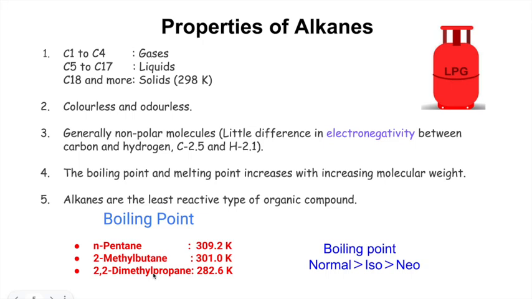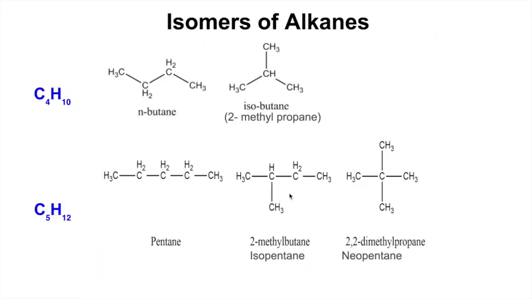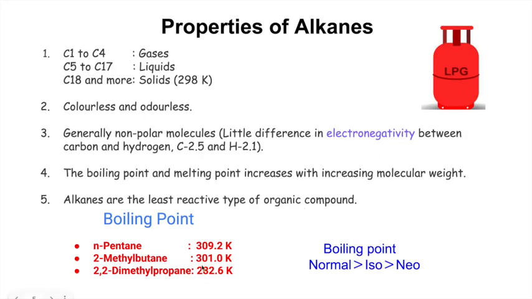You can see here, this is branching. Pentane, 2-methylbutane, 2,2-dimethylpropane. 2,2-dimethylpropane has two branches, right? So as the branching increases, the boiling point decreases. What will be the reason? As the branching increases, the surface area of the molecule decreases, which weakens the intermolecular forces.